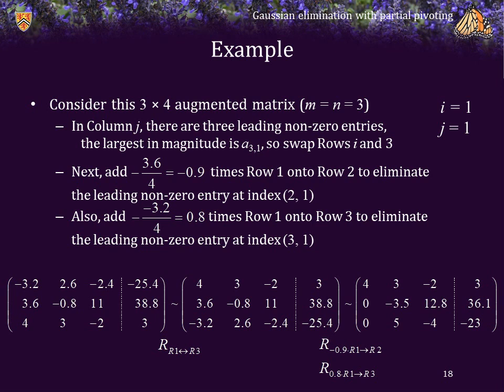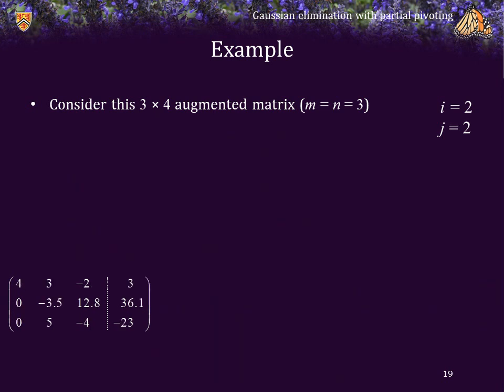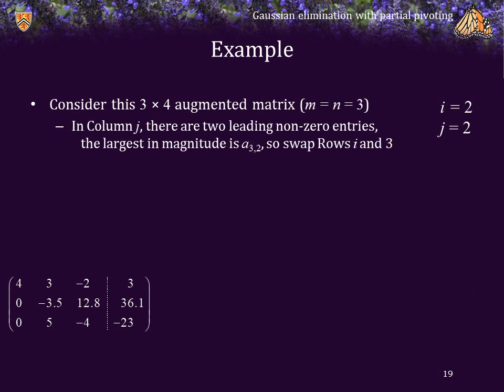So we've eliminated all those entries, and therefore we increment both i and j. They are now both equal to 2. Looking at column j equals 2, there are two leading non-zero entries, negative 3.5 and 5.